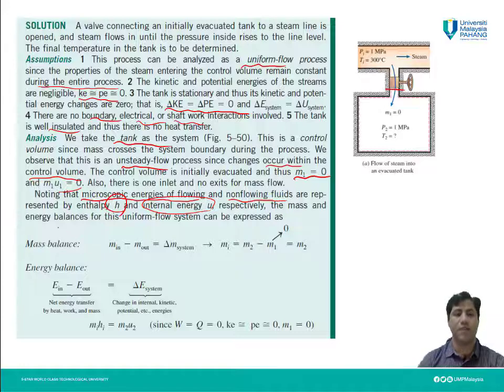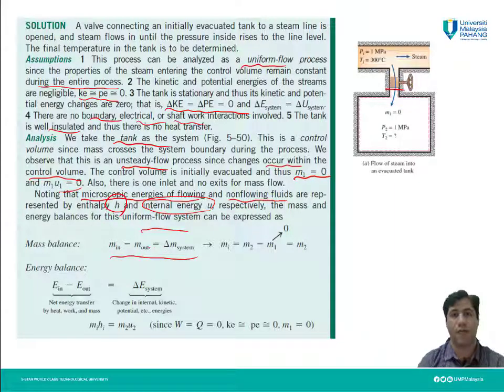The mass and energy balance for unsteady flow, or uniform flow, can be written like this. For mass balance, we have this equation: m in minus m out equals delta m of the system.